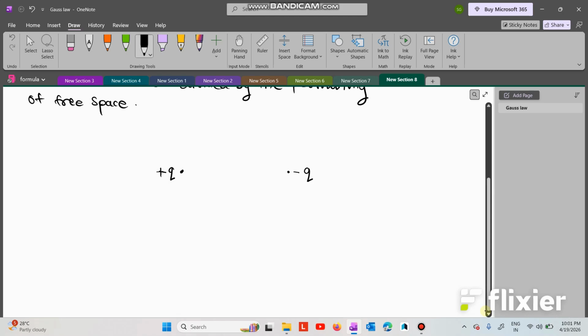If this is a positive point charge, the electric field is going to radiate radially outward. So this is how your electric field is going to radiate. And for a negative point charge, the electric field is going to radiate inward, somewhat like this way. So a point charge creates an electric field.